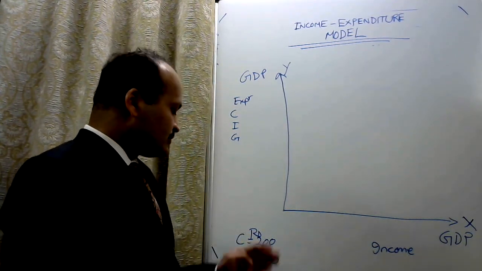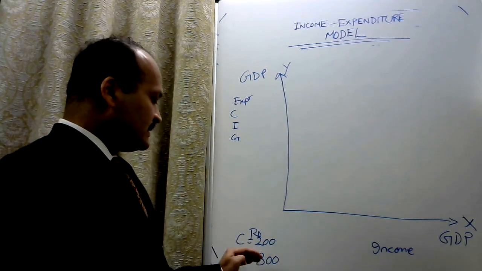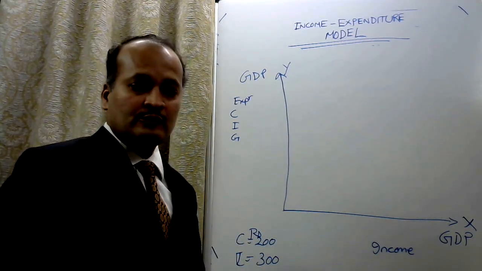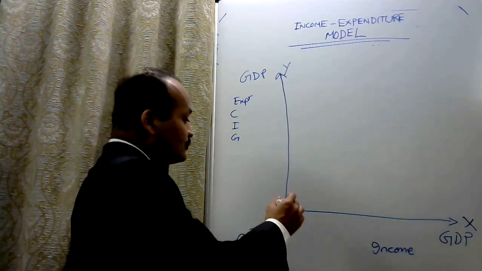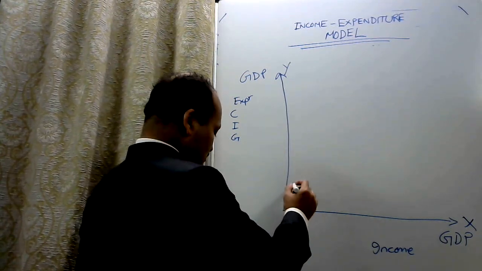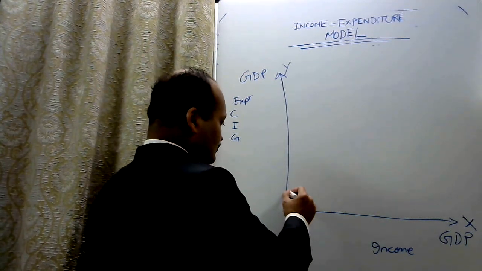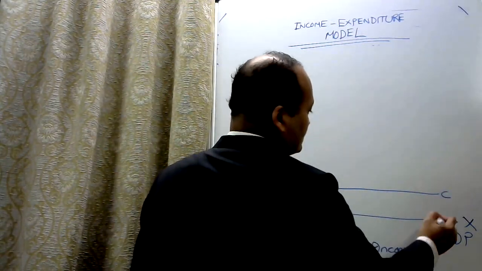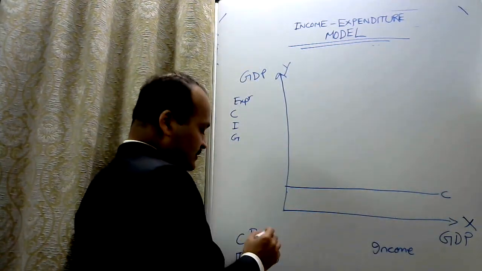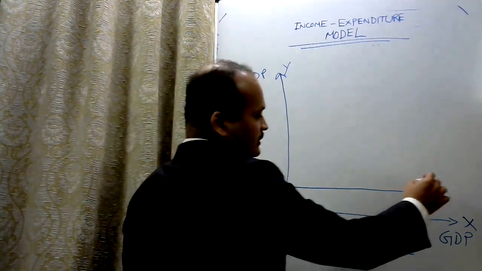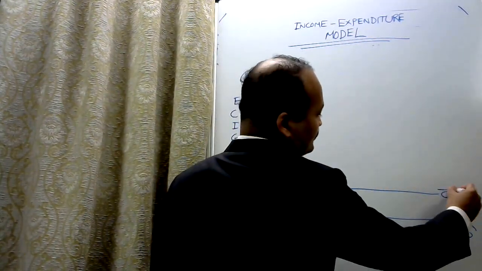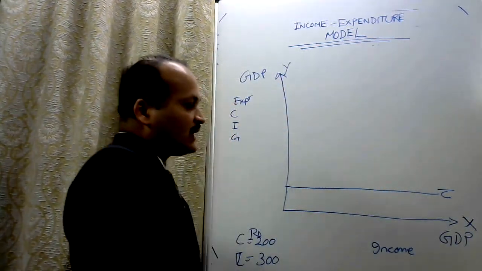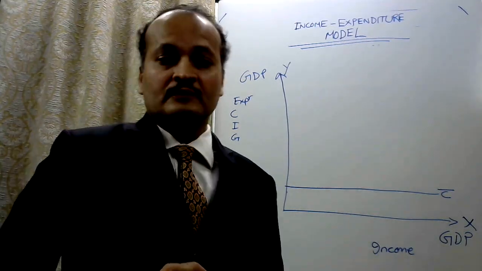Now, how do I show that? C is my 200 rupees, and I am saying that it is constant, it is given, so C is equal to C bar, which is 200.